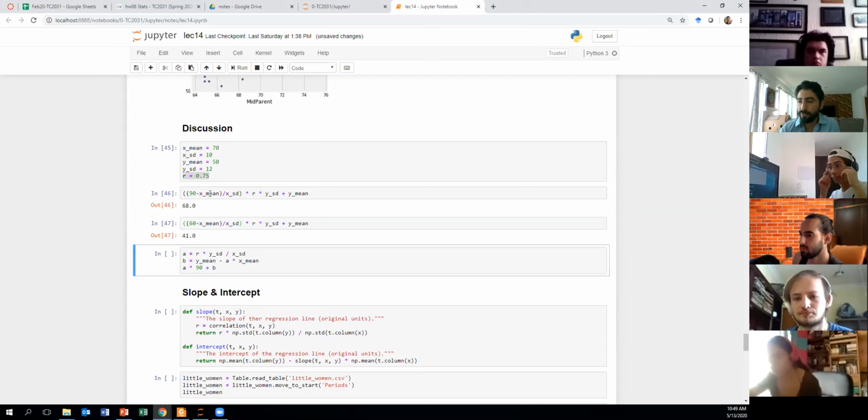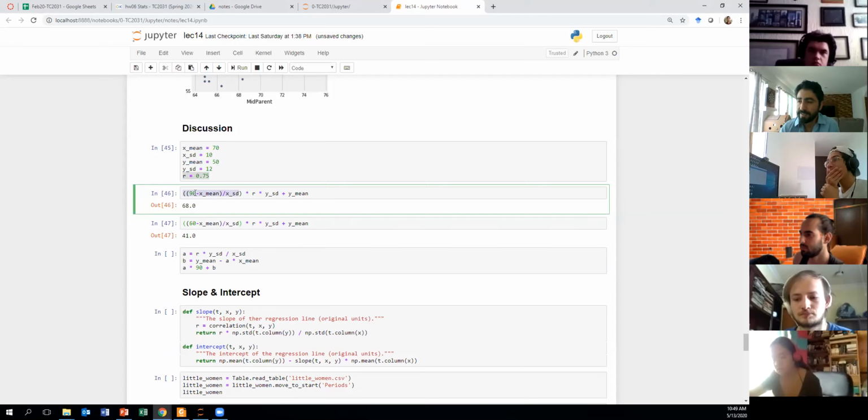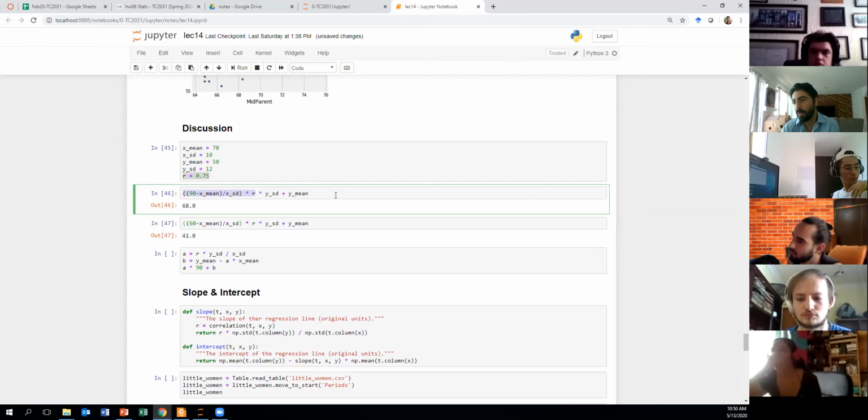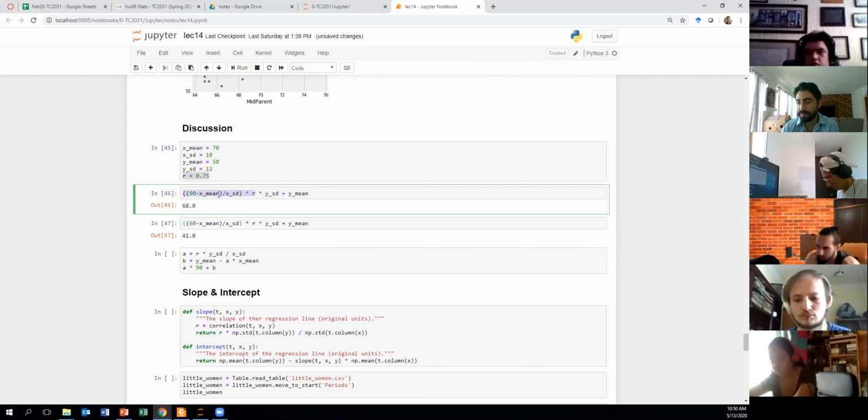As I mentioned, this is converting the value to the standard unit. Now you have the standard unit, you multiply by R. Now you have that Y value using just this part. Now you want to convert this Y value in standard unit to the normal unit. So this part is your Y in the standard unit. You multiply by the standard deviation and add the average, you get your final Y value.